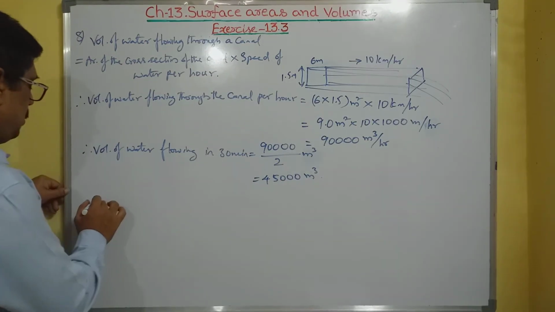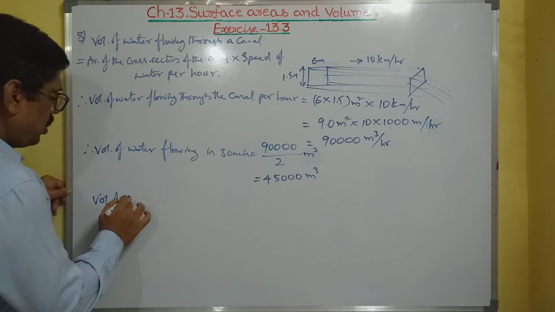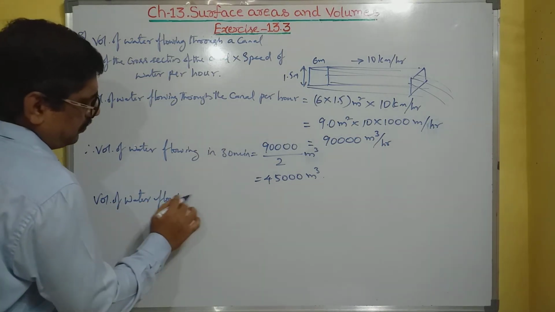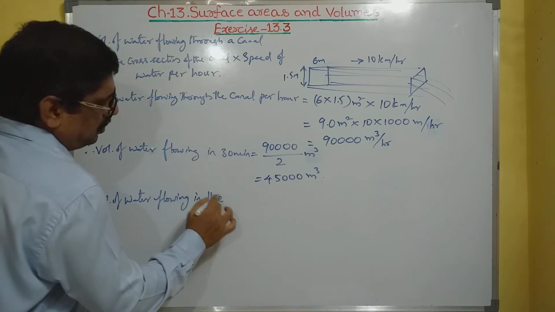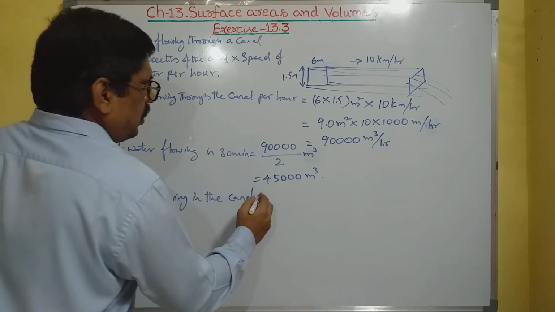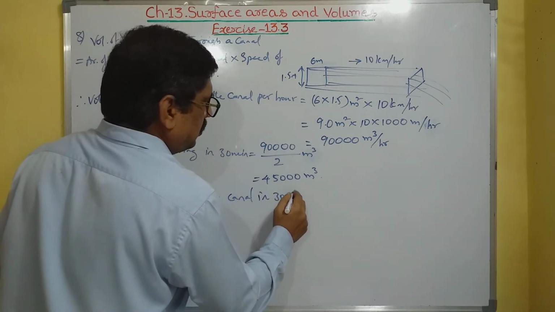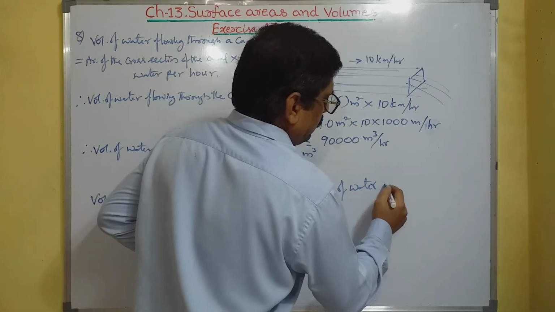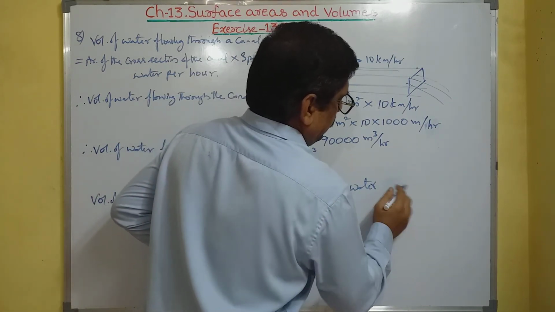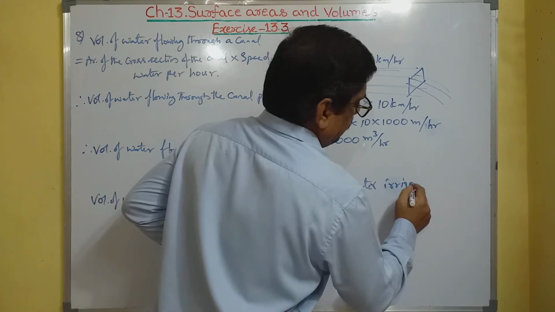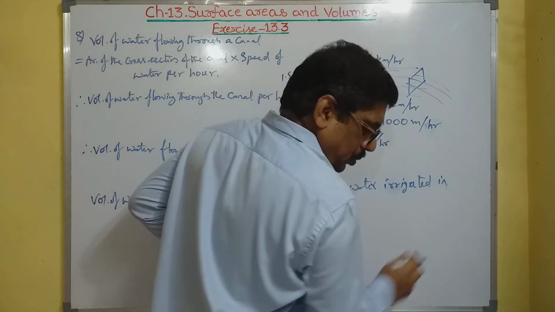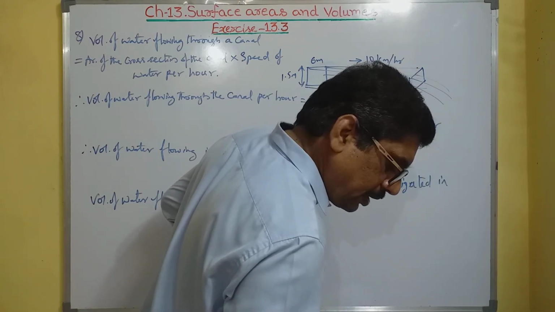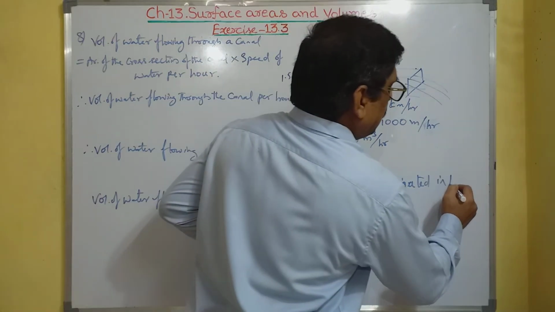Now volume of water flowing in the canal in 30 minutes is equal to volume of water irrigated into the field.